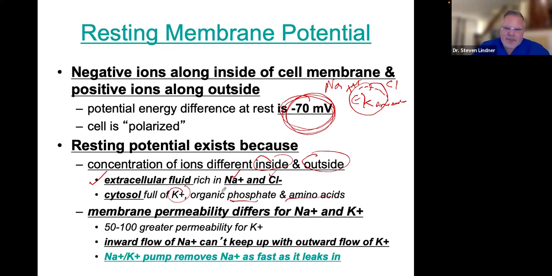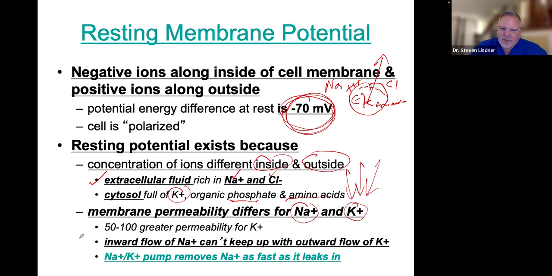Okay, and the membrane permeability, remember, is different for sodium and potassium, because the membrane itself is more permeable to potassium. So potassium has a higher concentration inside than outside, and based on the concentration gradient, potassium wants to flow outside and sodium wants to go inside.